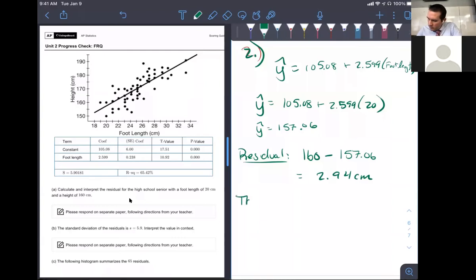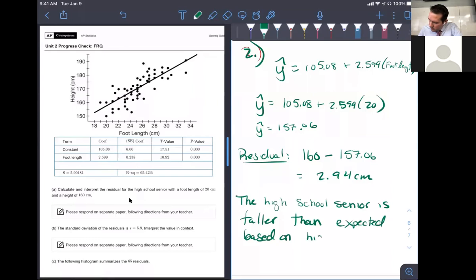The height of this senior is taller than expected based on his foot length. That's all. Or another way of saying this is our model is an underestimate. Does that make sense? It's literally lower, so it's an underestimate. You could use that word too.